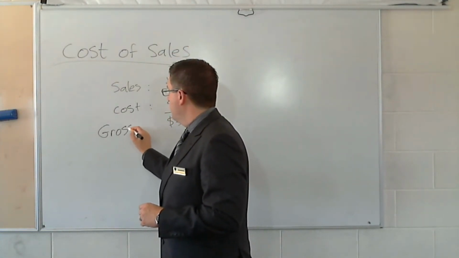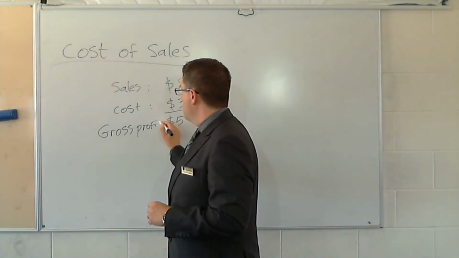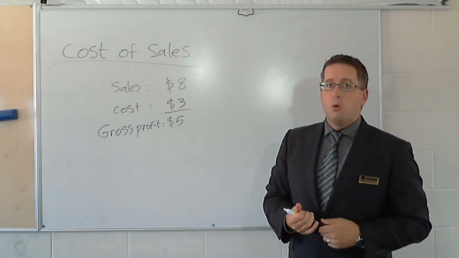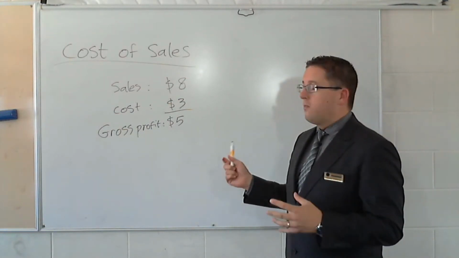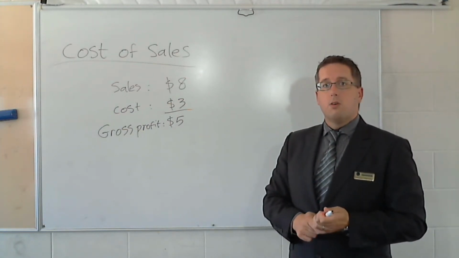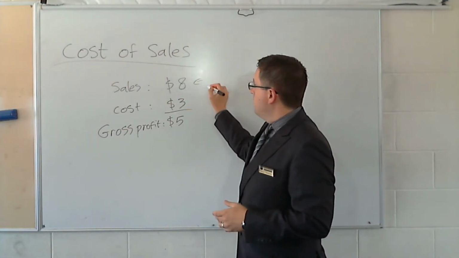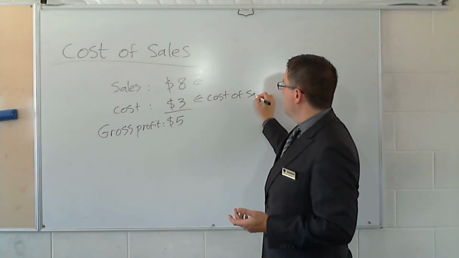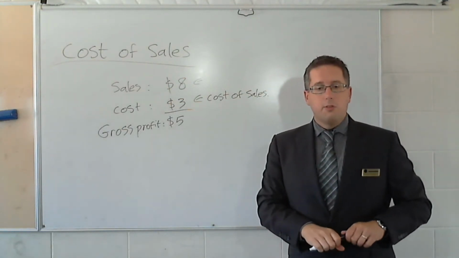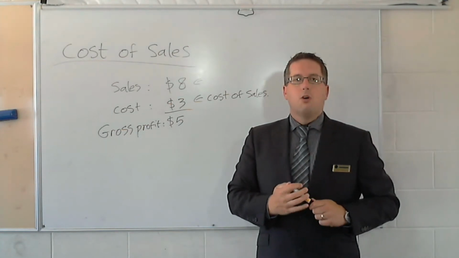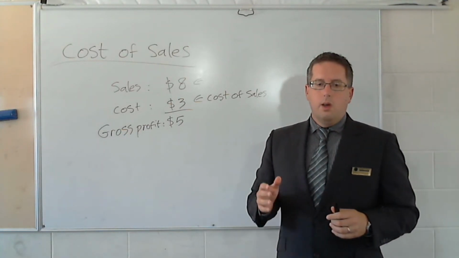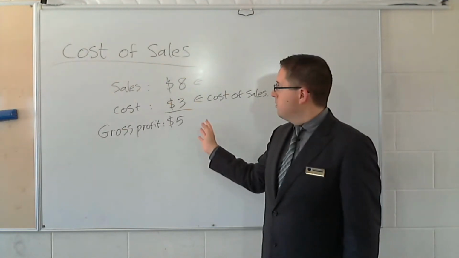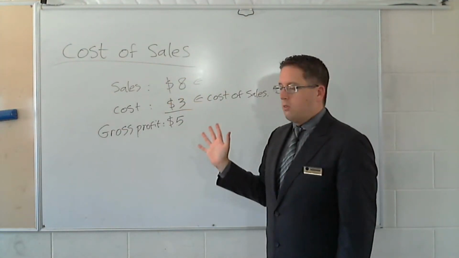Now, some terms that we're going to see in a second is, that profit is actually called gross profit. The profit from selling items, that's gross profit. Yep, that's our sales. And now that cost, that $3, well, that's our cost of sales.